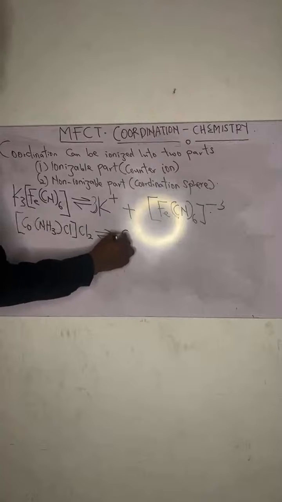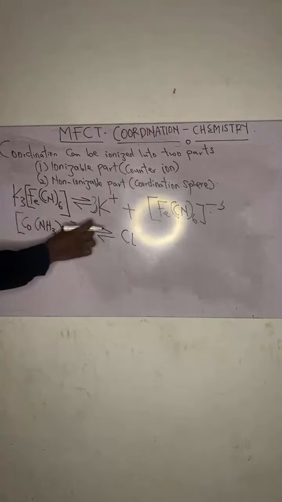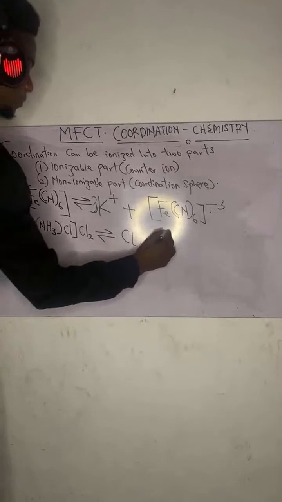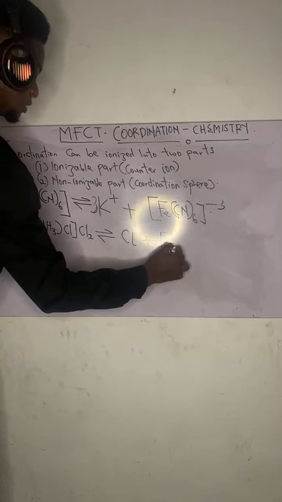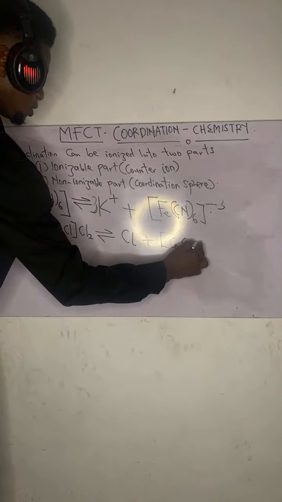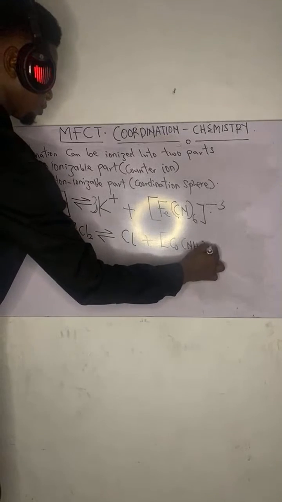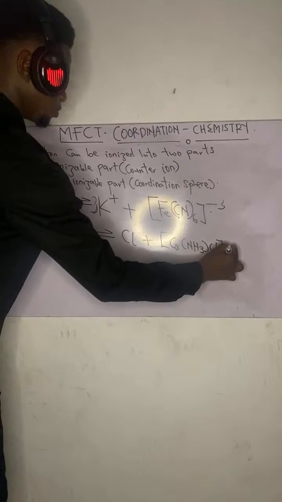Whenever you want to ionize a particular compound, the first thing you have to check is whether that compound has a counter-ion. Since it has a counter-ion, you will write the counter-ion first. The counter-ion is Cl. Write it down: Cl. Once you've written the counter-ion, then you are going to write the coordination sphere.